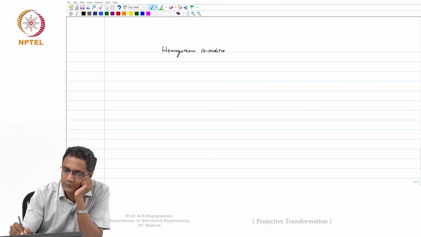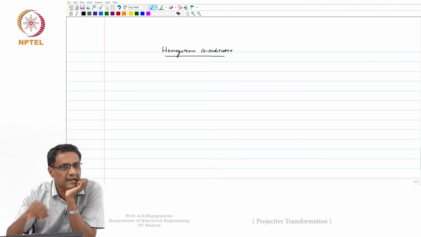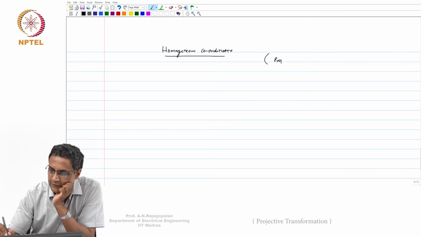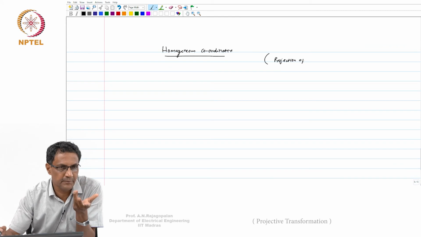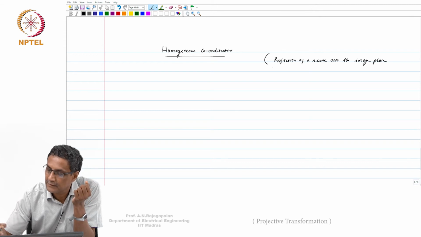See, this entire thing that we are doing is really a projection of a scene. What you are seeing, the image, is simply the projection of a scene onto the image plane, and when you want to analyze this, it involves what is really called projective geometry.